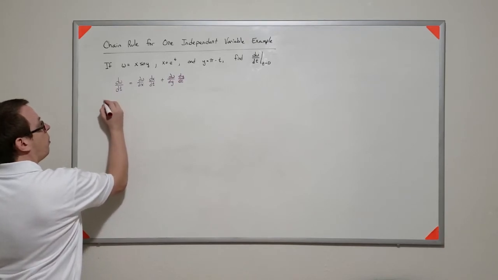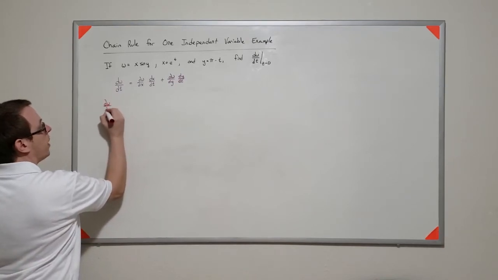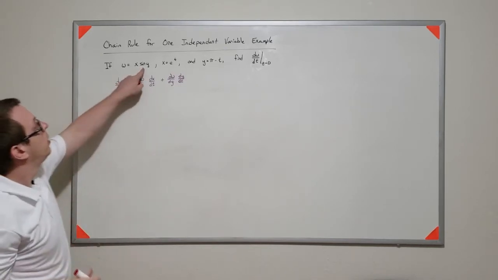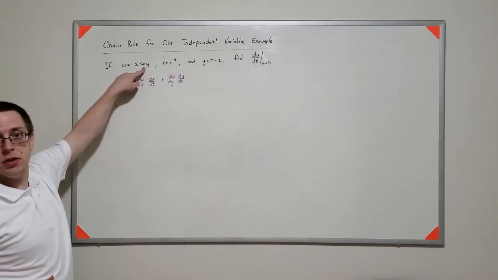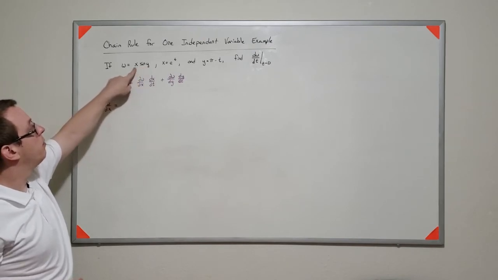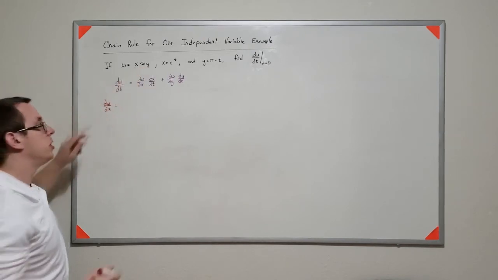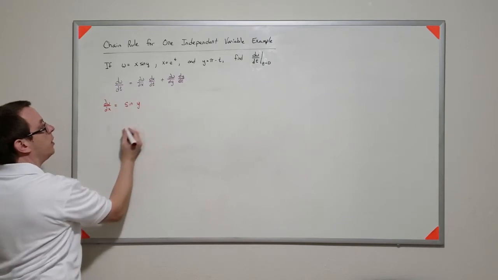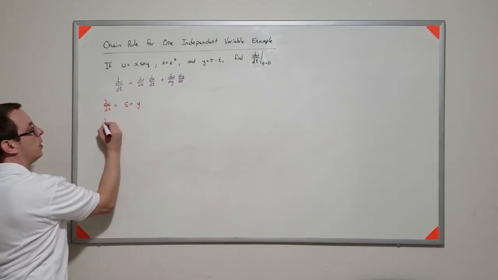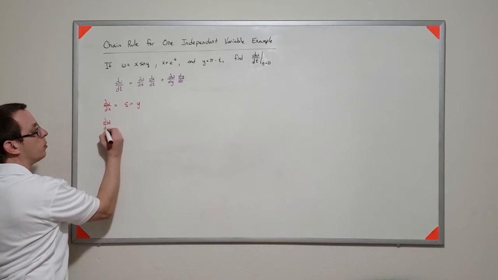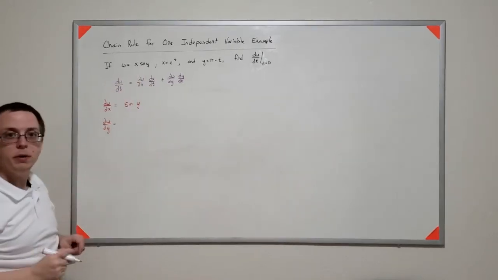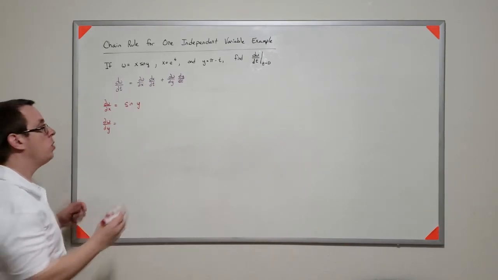So we need to get the partial of w with respect to x. If I take a look here, that function of y is considered constant, so we need to take the derivative of just the x. That gives us sine of y. Then we need to take the partial with respect to y. x is constant. The derivative of sine of y is cosine of y.